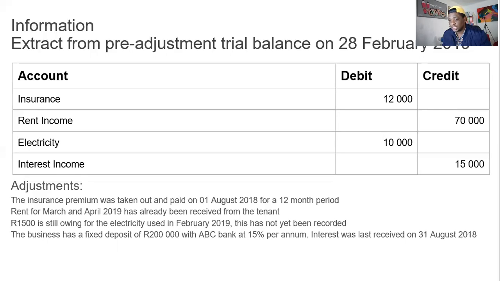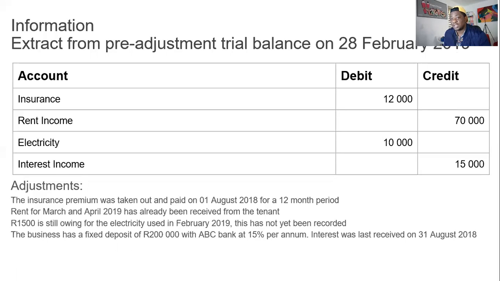So let us go into these adjustments. The first adjustment says the insurance premium was taken on 1 August 2018. By the way, the year end here is 2019, if you can't see it. It was taken for a 12-month period. So you paid for 12 months, from August up until 31 July 2019. That's the period you paid for.